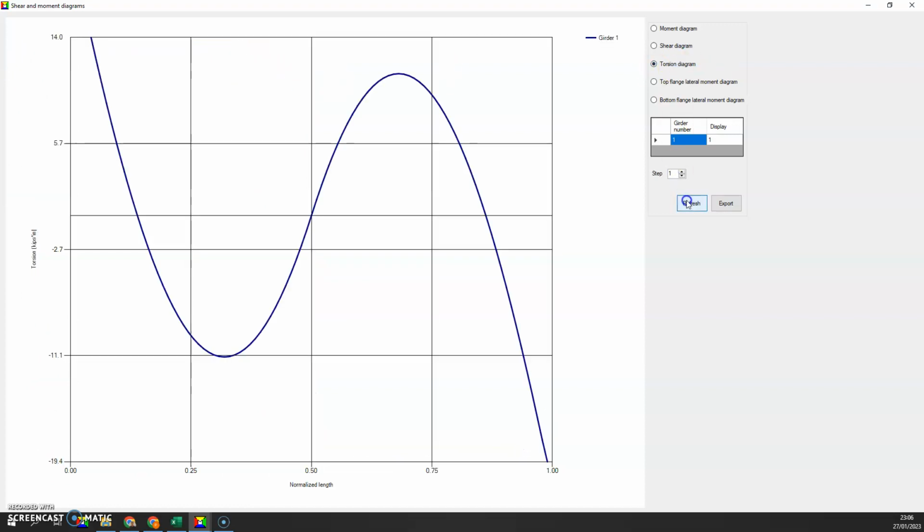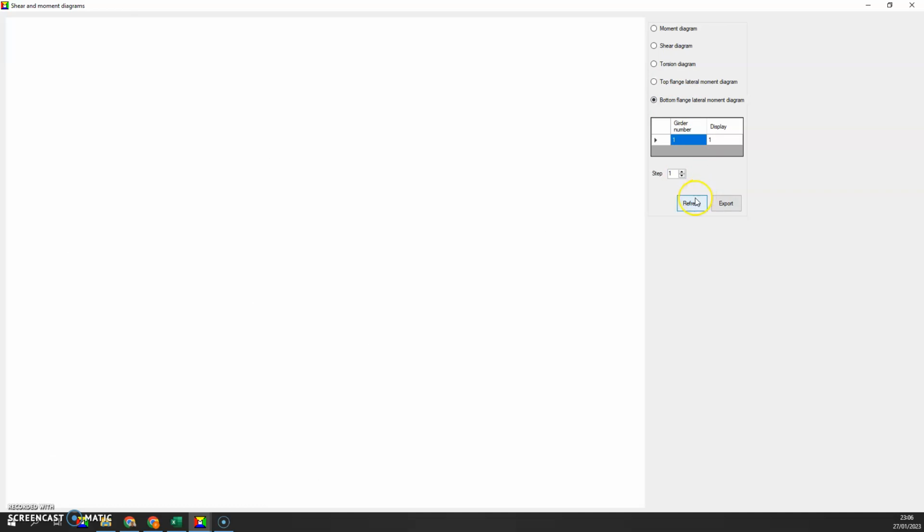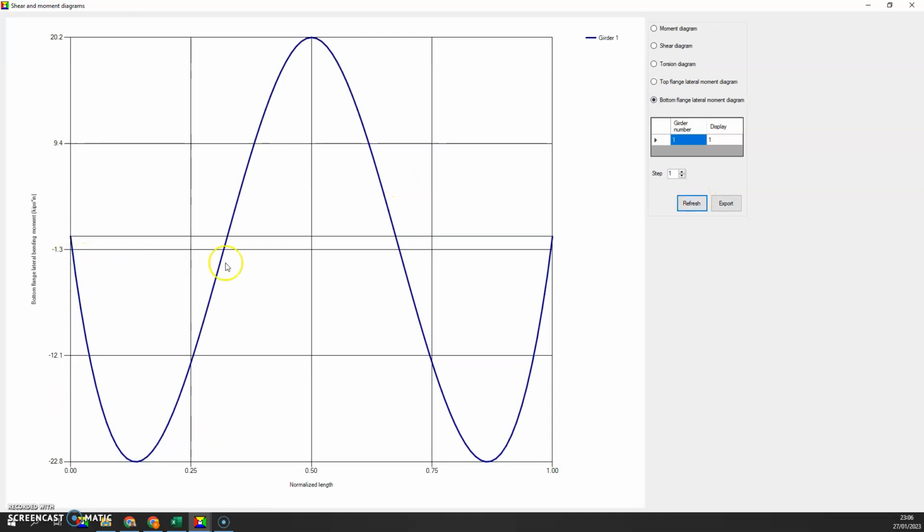We're going to also look at the torque diagram, which is pretty smooth here, and the top flange lateral diagram and the bottom flange lateral diagram. And we can see again the waves that we were seeing visually in the viewer directly on the beam.